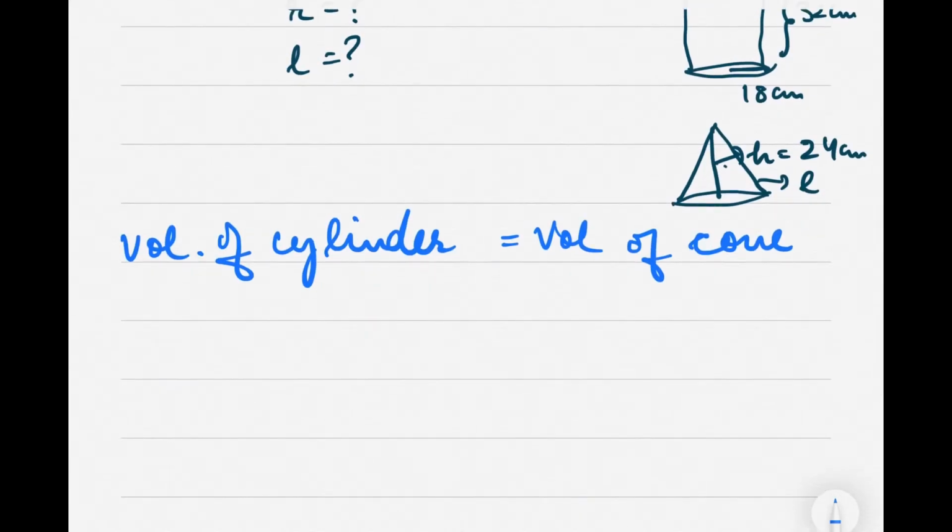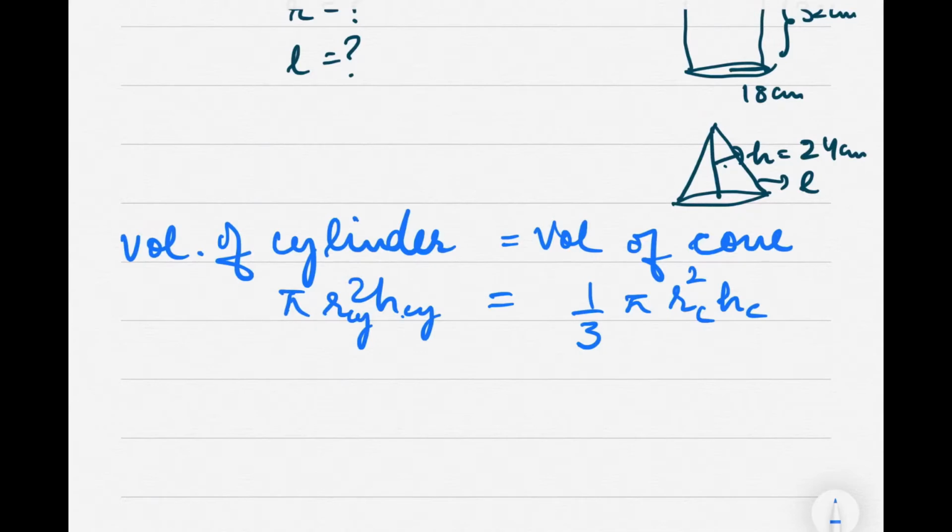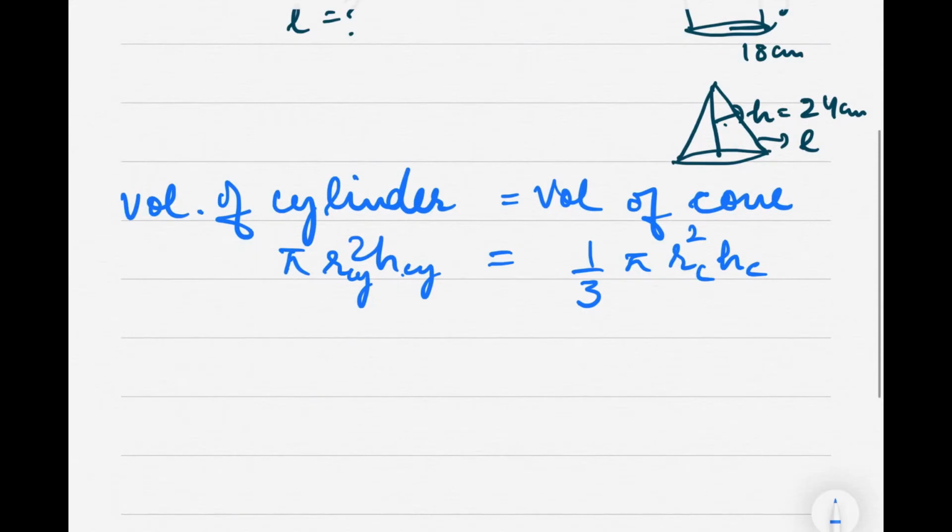So now the volume of cylinder, let's put down the formula: pi r square h will be equal to 1 by 3 pi r square h for the cone, where the radius and height of the cone are different. So I'll substitute the values. I can see that pi and pi get cancelled.